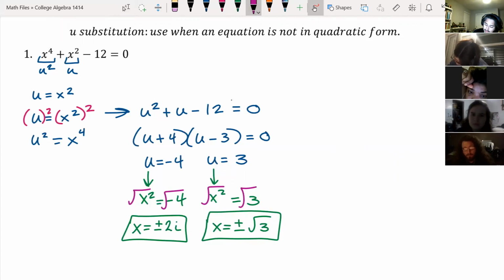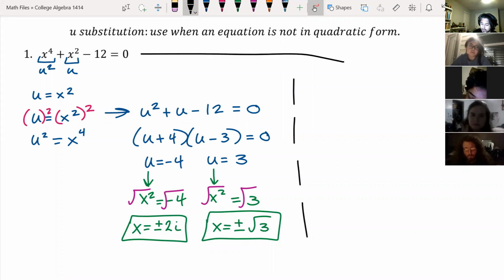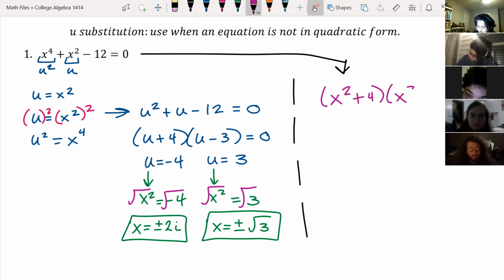Okay. And like I said, I'll show you the other way where you don't have to use u substitution. We can automatically factor this already. So x to the fourth plus x squared minus 12. Well, hey, that just factors to x squared plus 4, x squared minus 3.